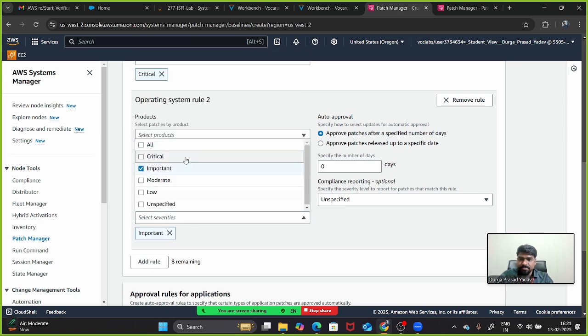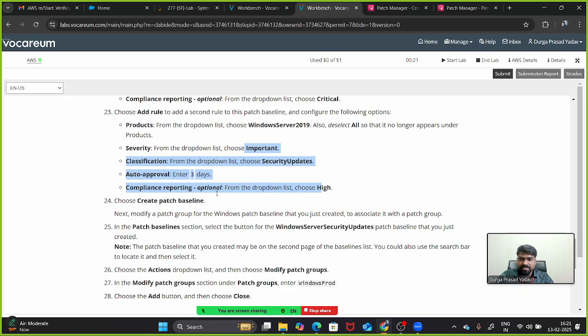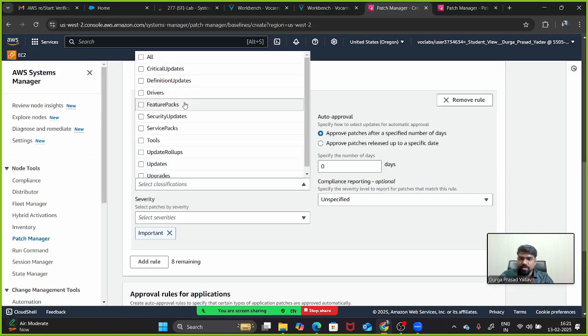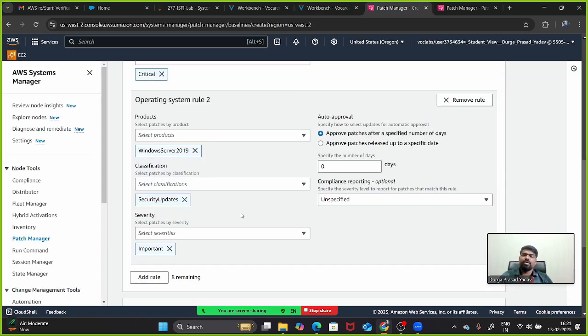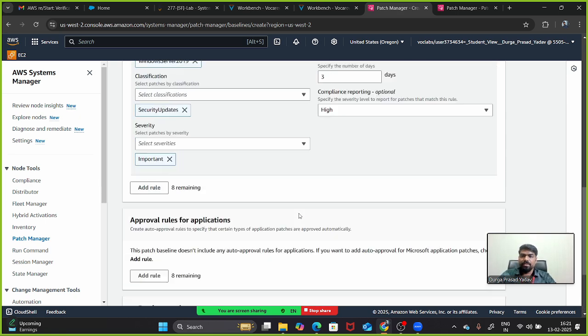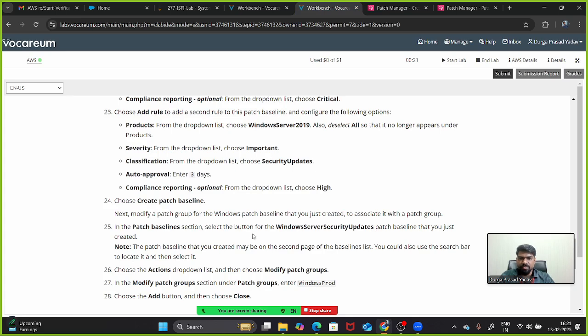Severity is important, classification is Security updates, security updates only. So see, this is all about security updates. We are just doing this patch to do the security updates, nothing else. Whatever security updates there are, it will do, right? And here compliance reporting we will keep high, and again 3 days. And I think this is what we have to do.